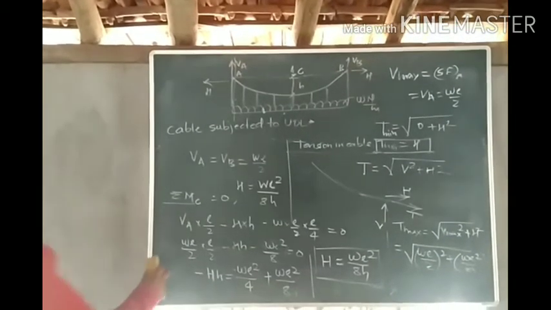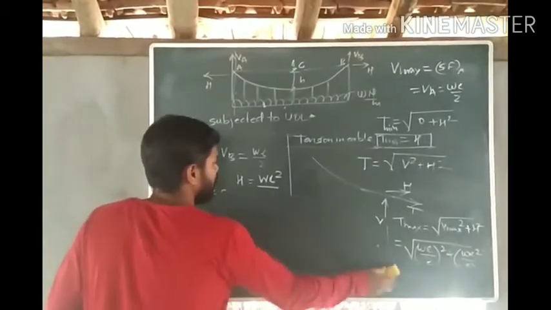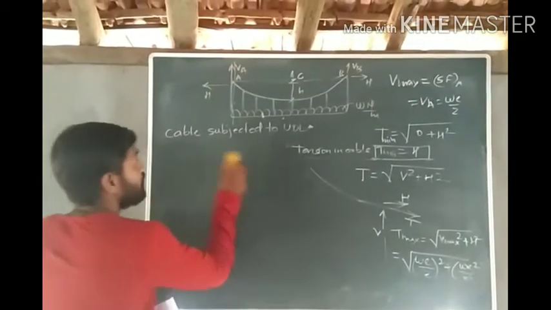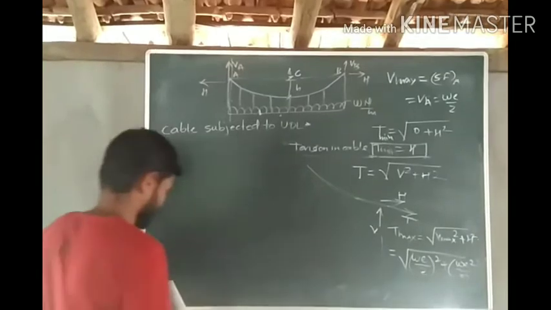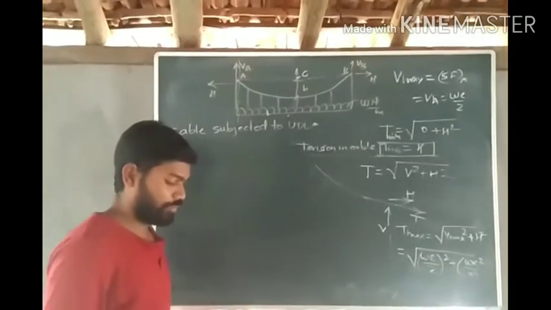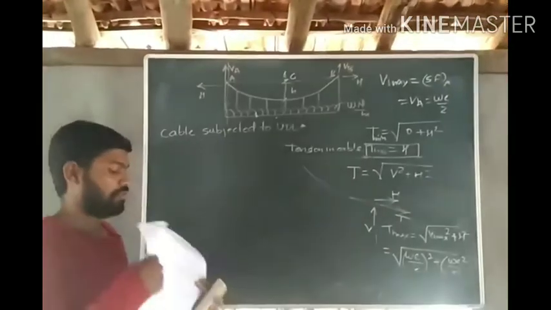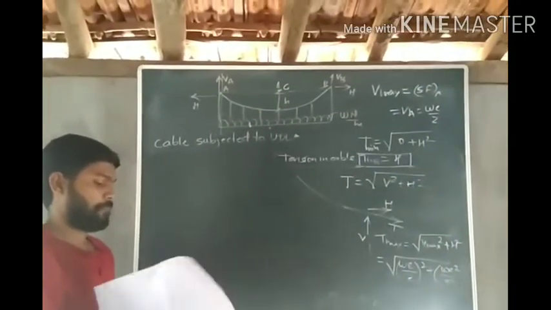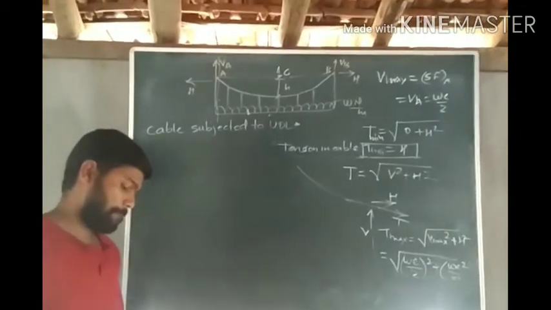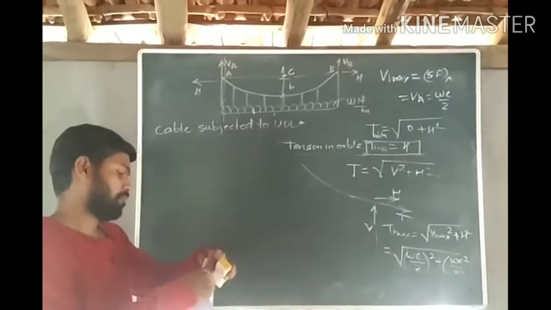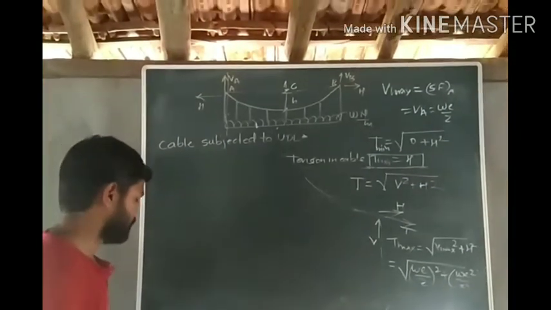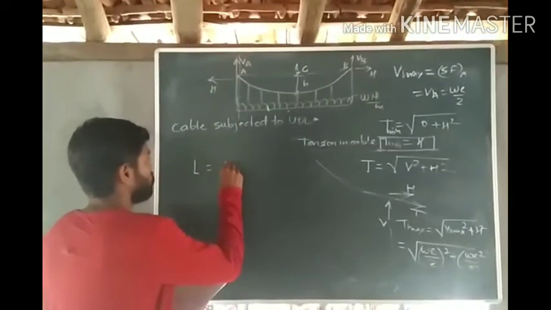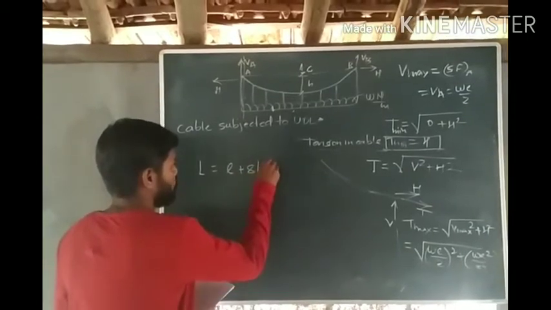Next, how to calculate the length of the cable. I will write here the direct formula to calculate the length of the cable. In this case, length of the cable can be calculated as L is equal to small l plus 8h square.